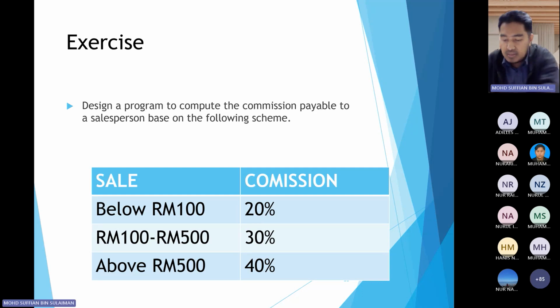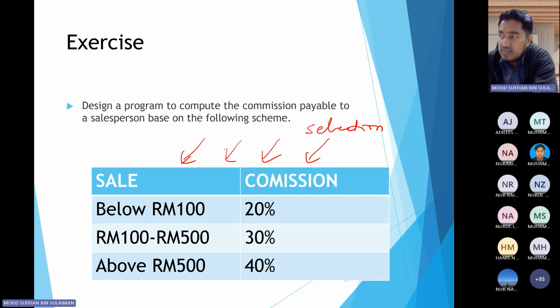Question number 2, exercise. Design a program to compute the commission payable to a salesperson based on the following scheme. Biasanya soalan yang dah nampak table ni akan buat selection, biasanya if.